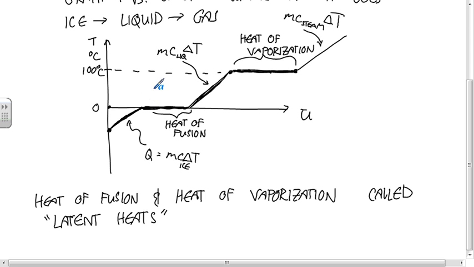First of all, why would they call that latent heat? I think this is a helpful thing for understanding the idea here too. Why would they call that a latent heat as it's changing from ice to water and from liquid to gas? Can you think of an explanation for that?